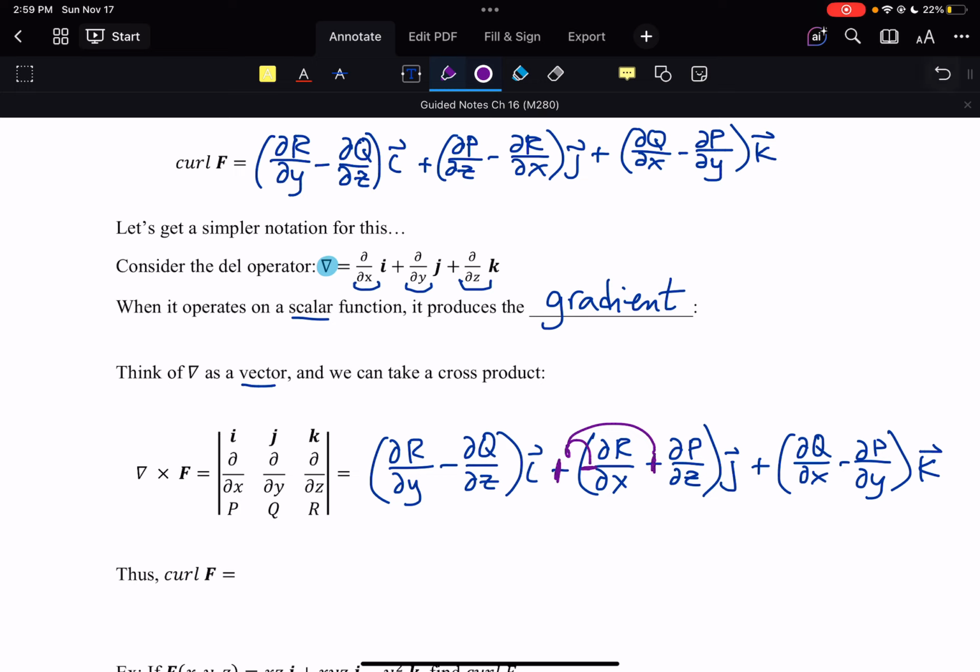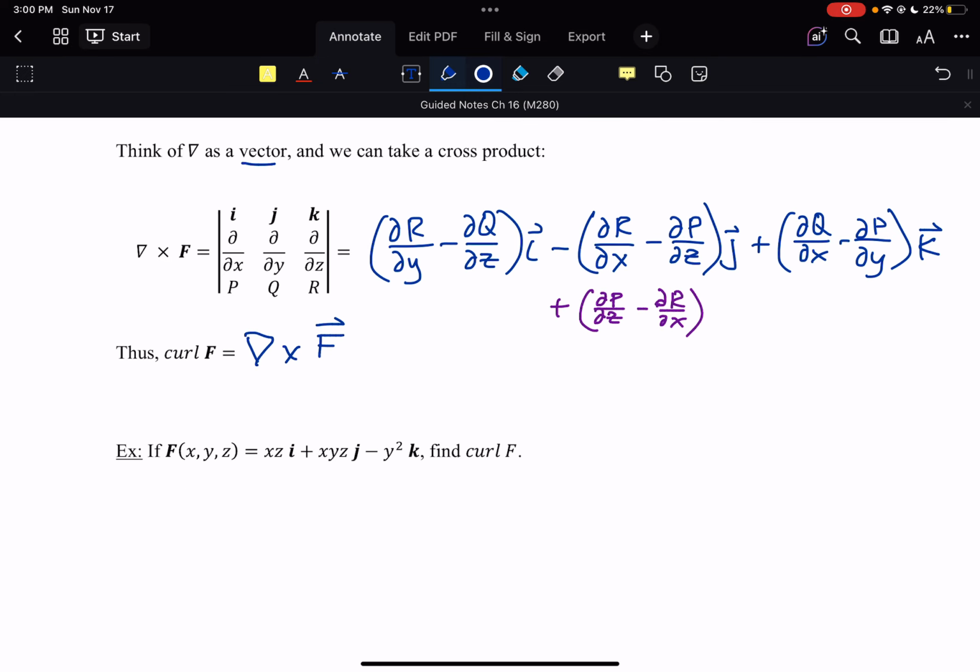And then we could just switch their order. So just a little bit of algebraic sleight of hand here, but we do end up getting exactly the same thing, just in a slightly different form. What this tells us is that if we want to compute the curl of the vector field, all we need to do is take the del operator crossed with F. So del cross F will give us the curl of the vector field.